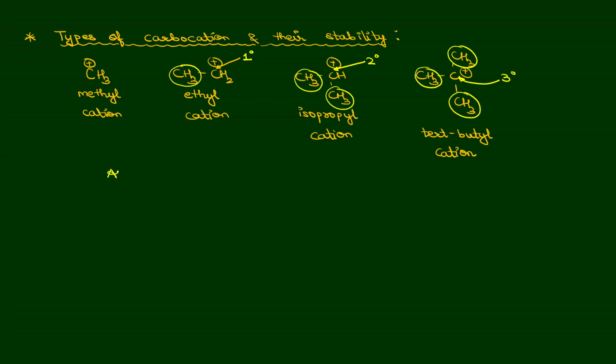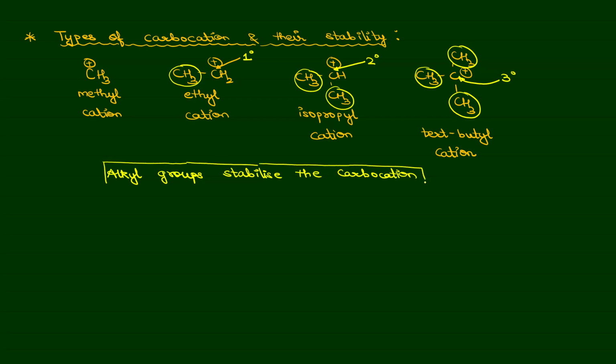Now, among the carbocations, you need to remember that alkyl groups like methyl, ethyl, propyl attached to the carbocation stabilize them. Alkyl groups stabilize the carbocation. So with this statement kept in mind, the more the alkyl groups, the more the stability.